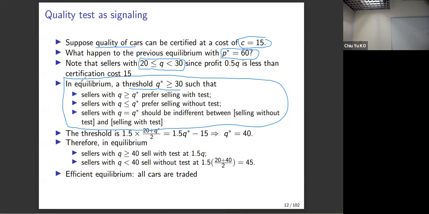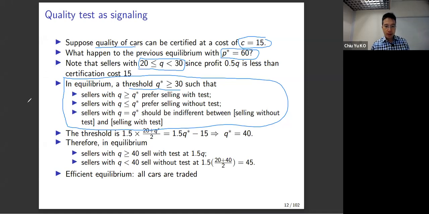Because 20 is minimum, Q star is the one that actually under the cutoff, right? Up to Q star is the one who don't certify. So the buyer would think this is average quality in the market. Multiply by 1.5 is the selling price in the market. Let me repeat. The left-hand side is the average quality of the car in the market without certification, and times 1.5 because it means the pain.